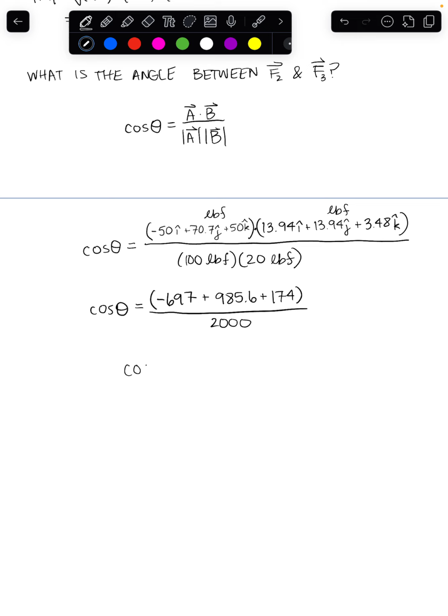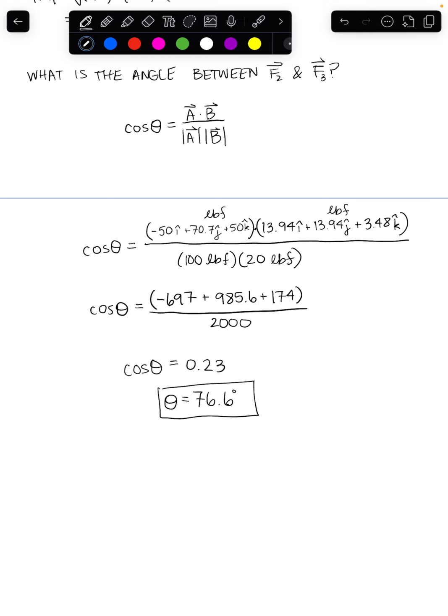Okay, so cosine theta equals negative 697 plus 985.6 plus 174 divided by 2,000. That's 0.23. And then when I take the inverse cosine, I get that theta is equal to 76.6 degrees.